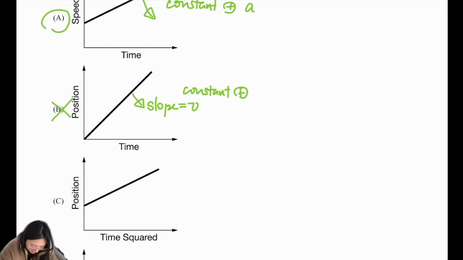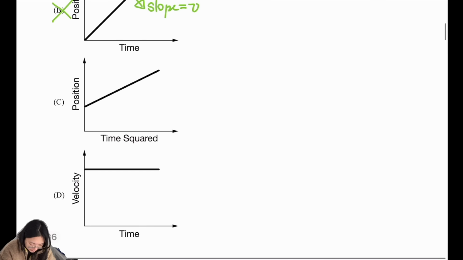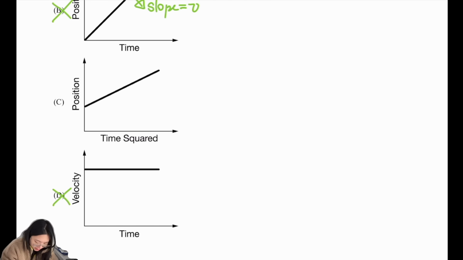And C, position versus time squared. And D is velocity versus time. I know D is not the right answer for sure because this is constant velocity. When I'm taking a look at the slope, which is 0, the slope of the velocity-time graph represents acceleration.